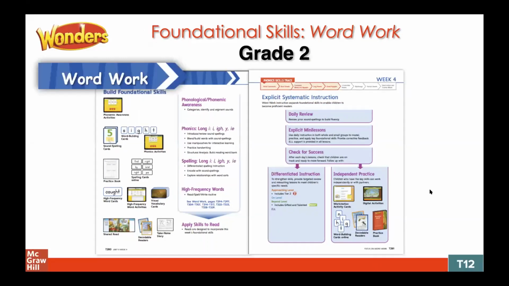And so we're going to see a phonics skills trace so we can see what's coming up and what we've been covering, as well as that daily review, your explicit mini lesson instruction that can be done whole group or small group, and then also the differentiation with independent practice as well as small group instruction there.